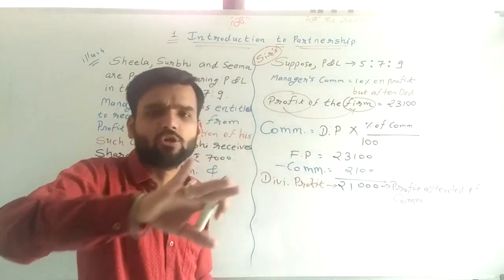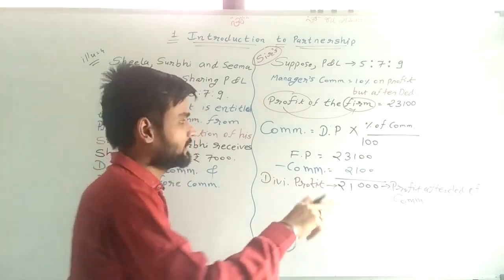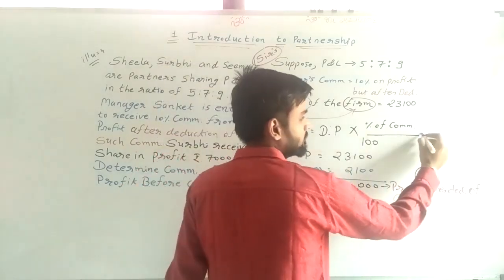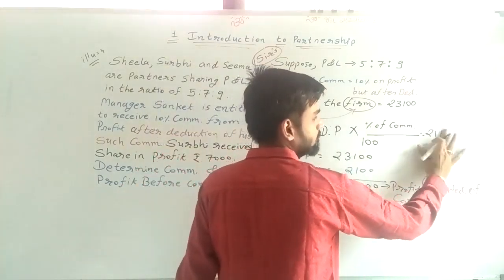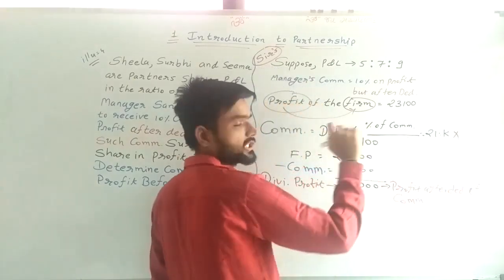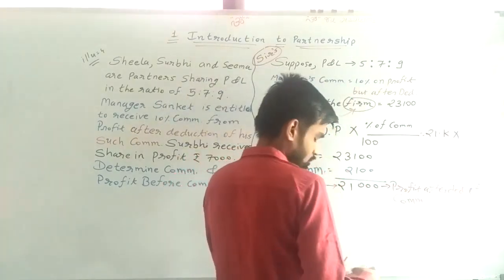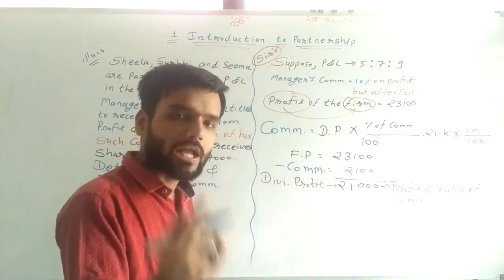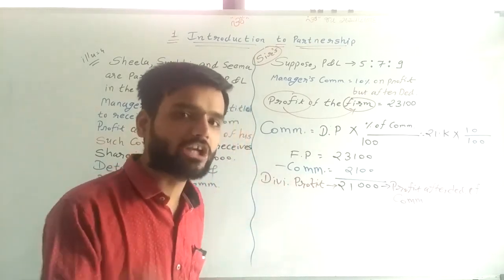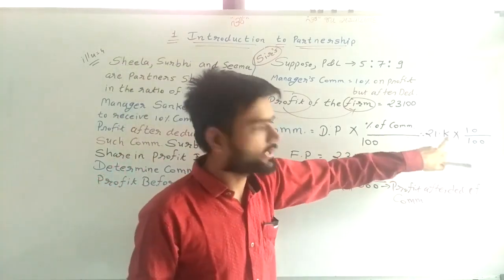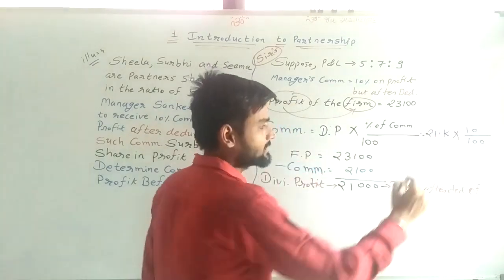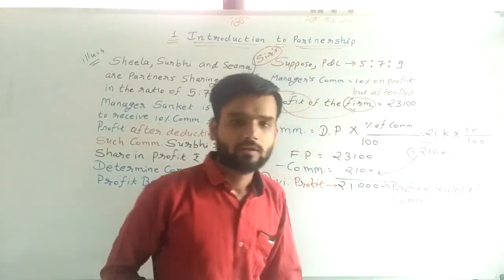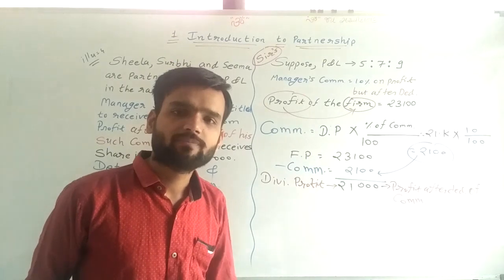We don't need to add the percentage of commission. So the divisible profit is 21,000 rupees. Calculation: 21,000 into the percentage of commission, 10, divided by 100 only. We are not adding the percentage of commission in the denominator. So 21,000 into 10 divided by 100. The answer is 2,100.